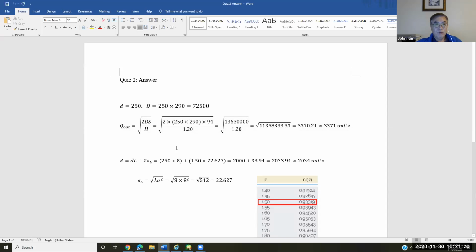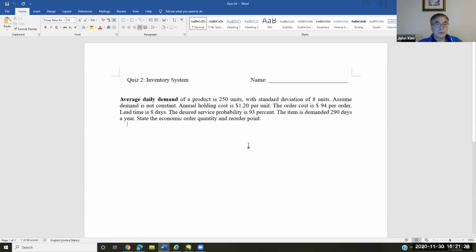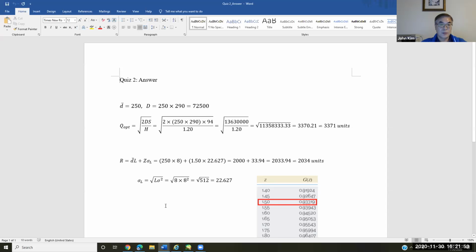Okay, next one, reorder point. Because this question indicates demand, where is demand? Here, demand is not constant, so you should use the safety stock model. In the safety stock model, reorder point is the basic model's reorder point plus safety stock.